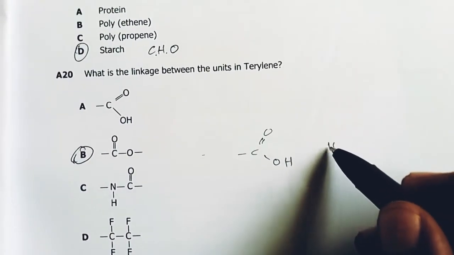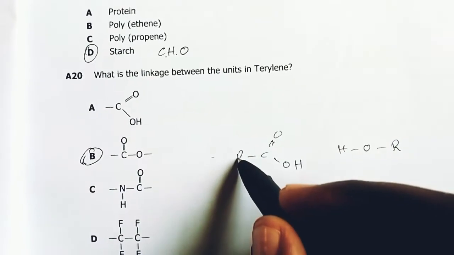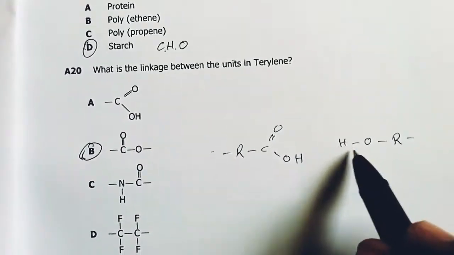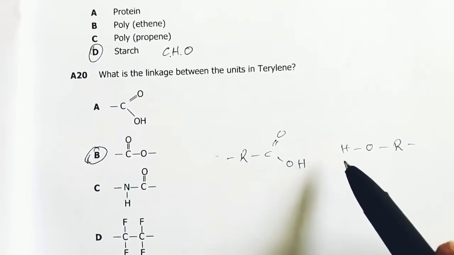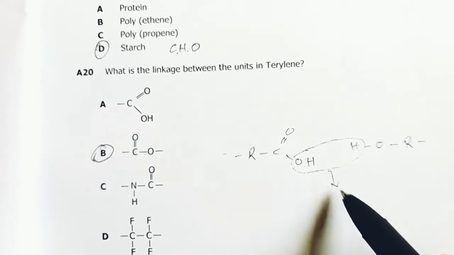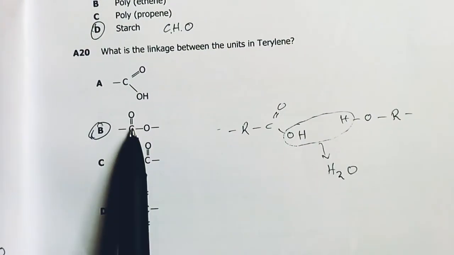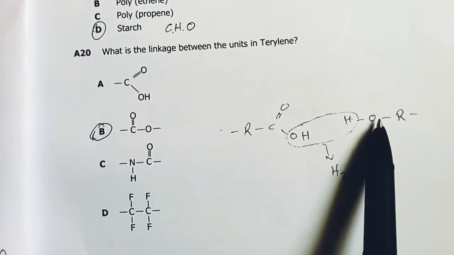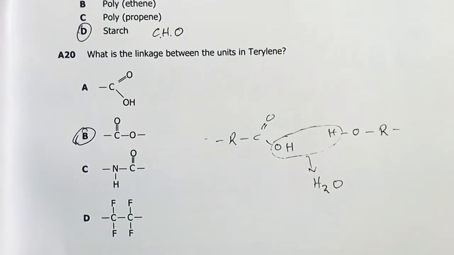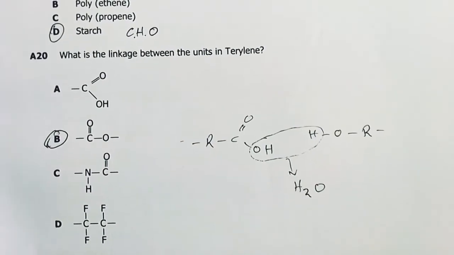Then this is your alcohol, the OH. So you find that this part here is lost in the form of water. Then what remains is the C with this oxygen and this O here. That's your ester linkage.